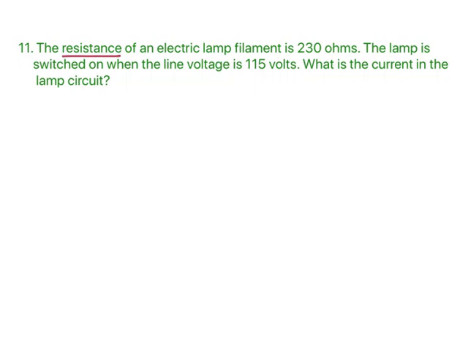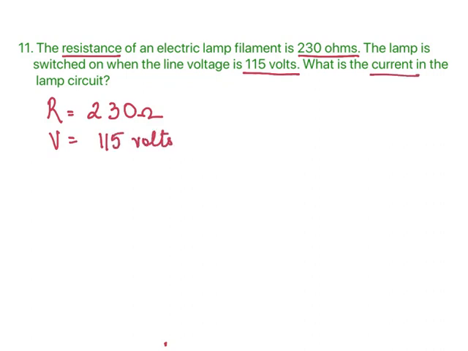The resistance of an electric filament is 230 ohms. The lamp is switched on while the line voltage is 115 volts. What is the current? What is I?